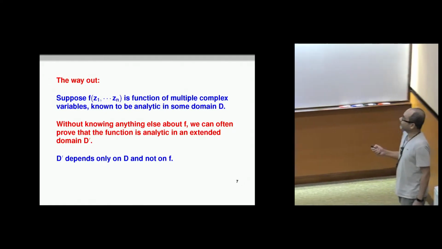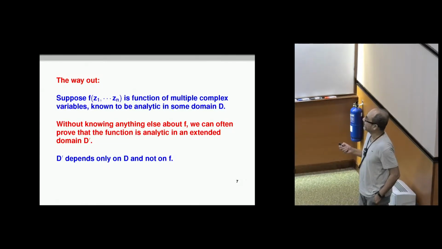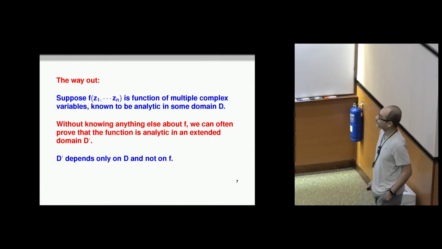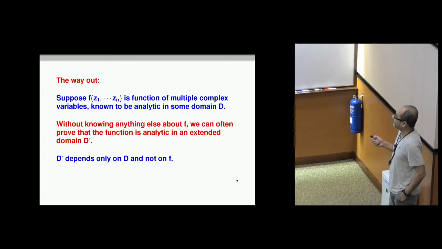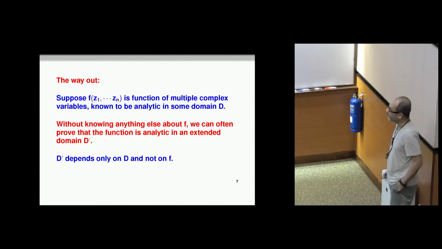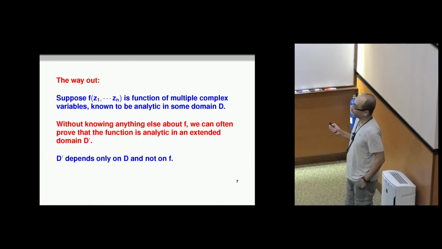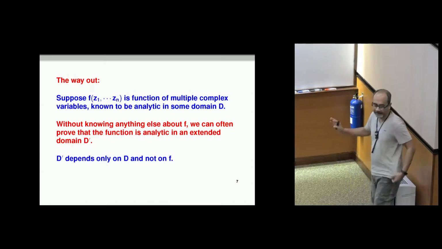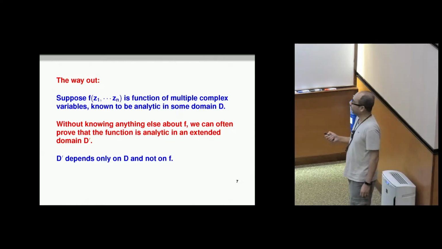So let's suppose that we have a function of multiple complex variables and we know that this function is analytic in some domain D. Then often, without knowing anything else about f, we can prove that the function is analytic in an extended domain D prime. And we can find D prime purely in terms of D, without knowing anything else about the function. So D prime depends on D, but not on f.